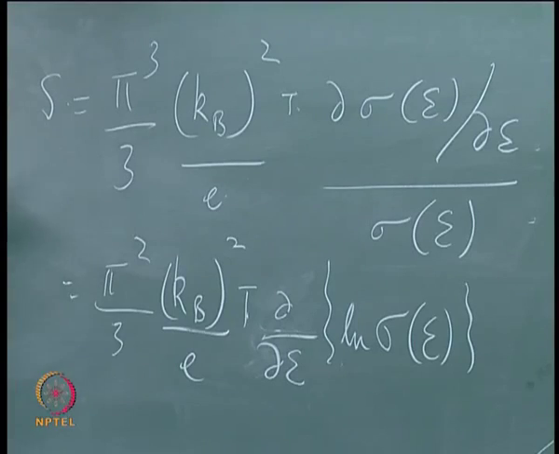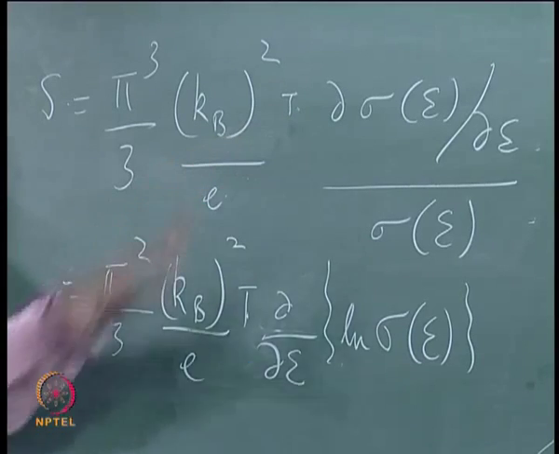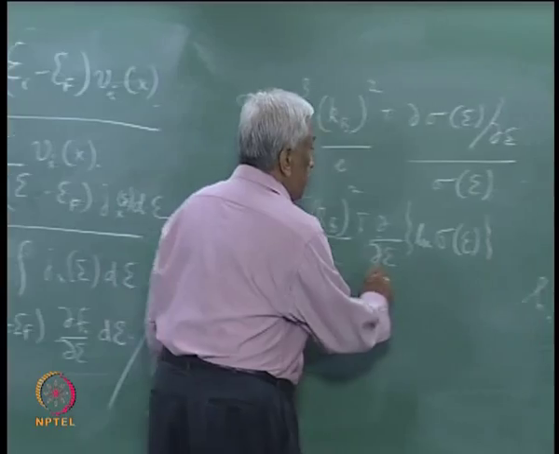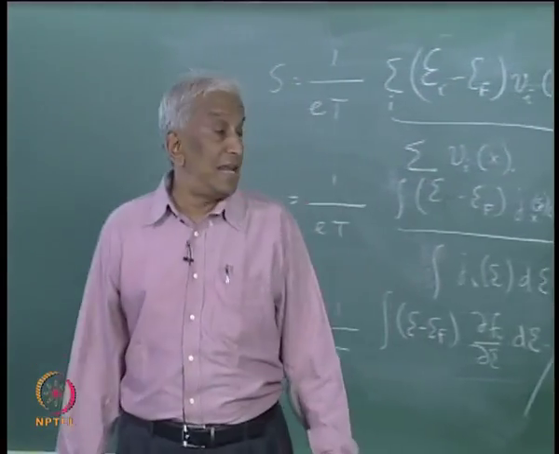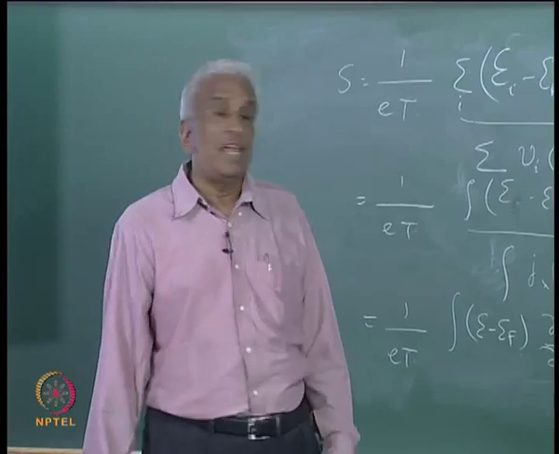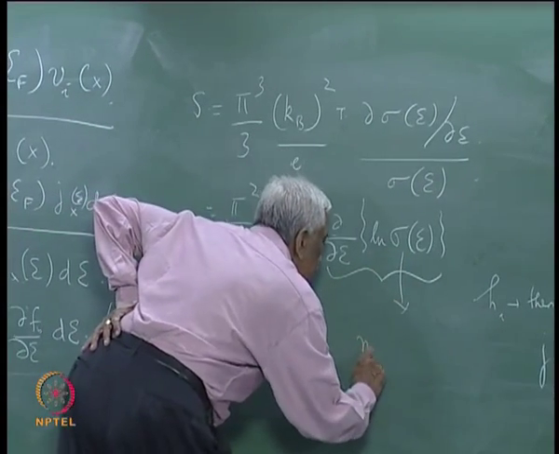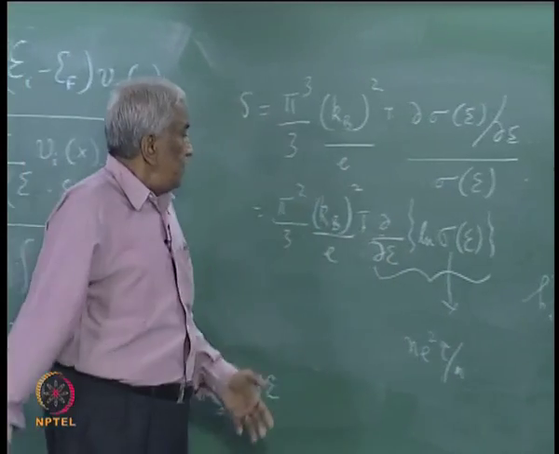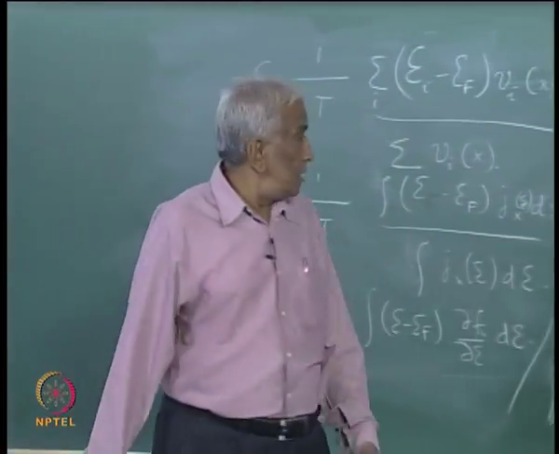So, the thermopower of a metal is again proportional to a linear function of the absolute temperature, and it mainly depends on the logarithmic derivative of the electrical conductivity. Now, the electrical conductivity, as we know, is given by the Drude expression Ne squared tau by m, and therefore the energy dependence of these factors is not very strong.